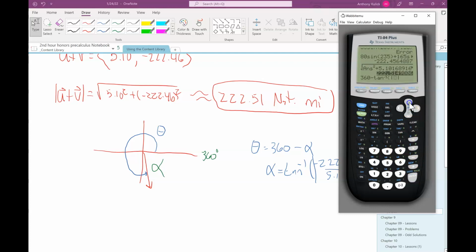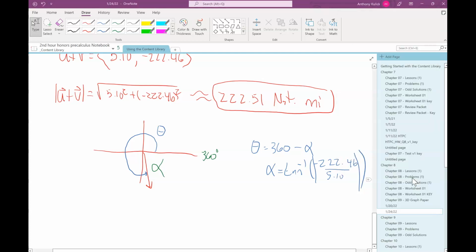Let's put the absolute value in there. So that gives me 271.31.